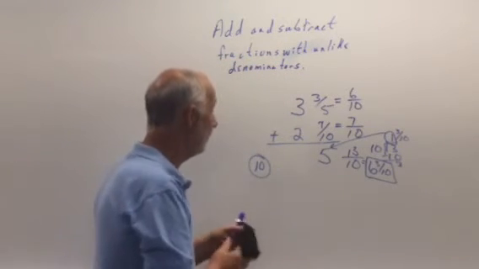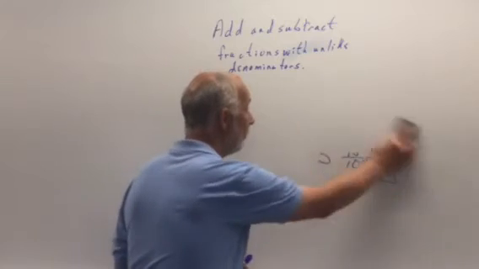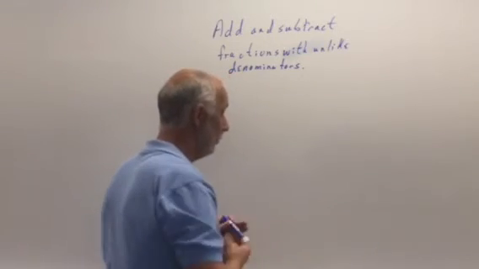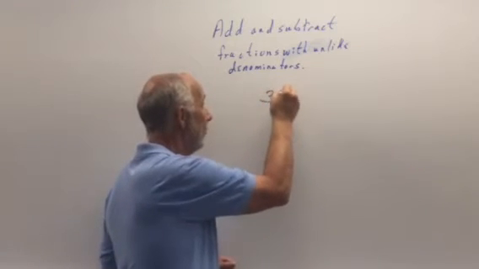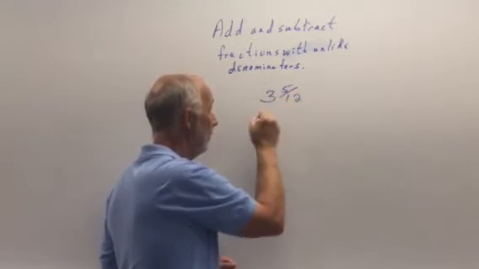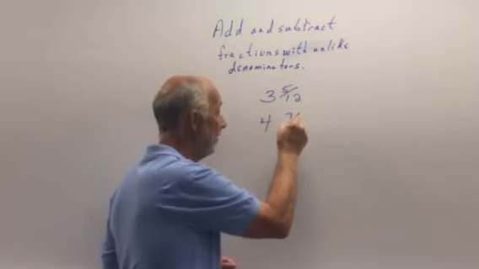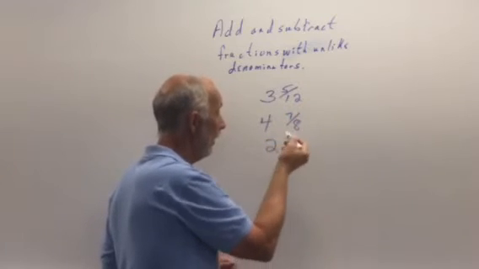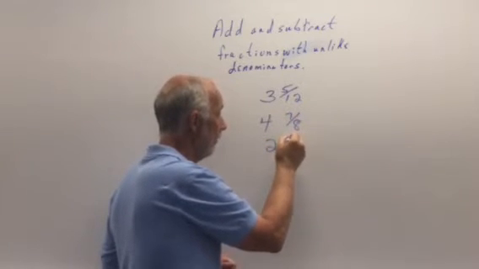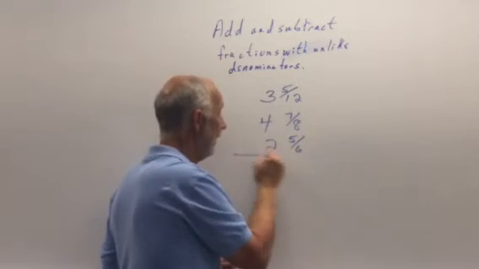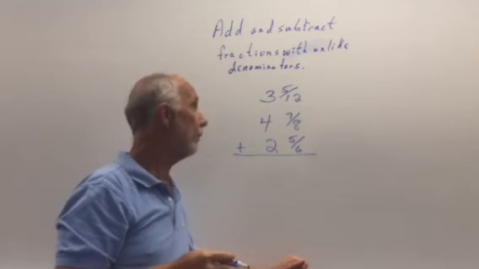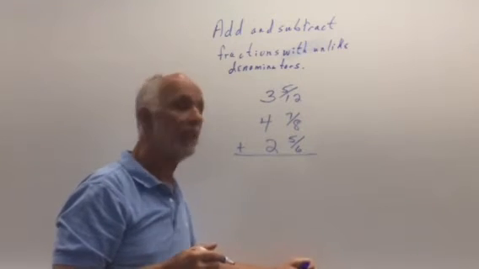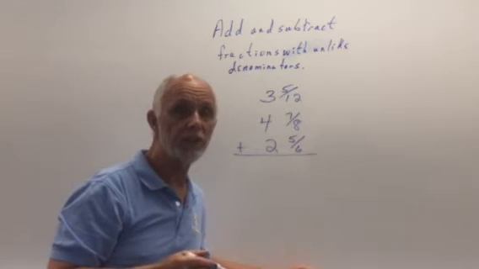Now, sometimes you could be asked to add 3 mixed numerals, which you will on IXL. So if I had something like 3 and 5/12 plus 4 and 7/8 plus 2 and 5/6, and I wanted to add these, I need to find a number that 12, 8, and 6 all go into evenly.